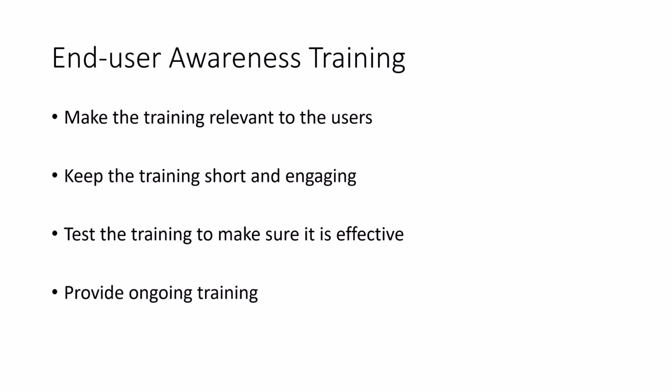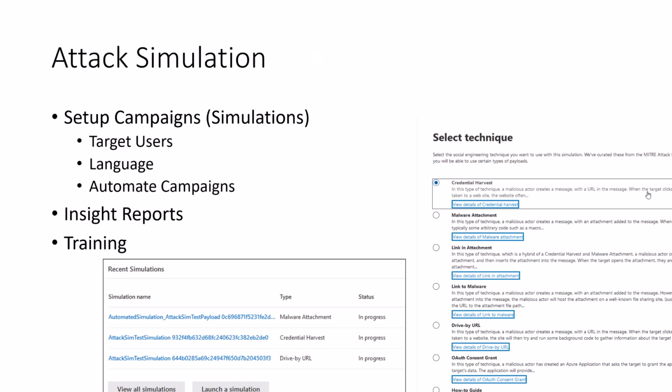If we have the Plan 2 license SKUs of Defender for Office, we have the attack simulations included within Defender for Office, where we can set up campaigns and simulations, target specific users in different languages, and then automate these campaigns.